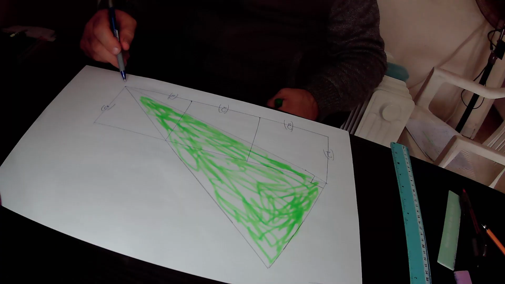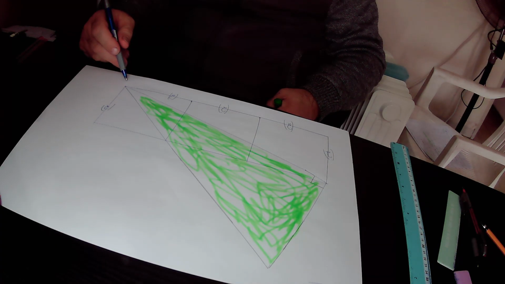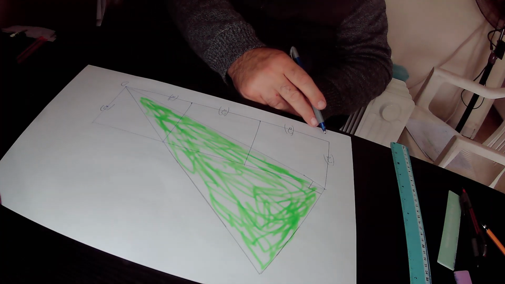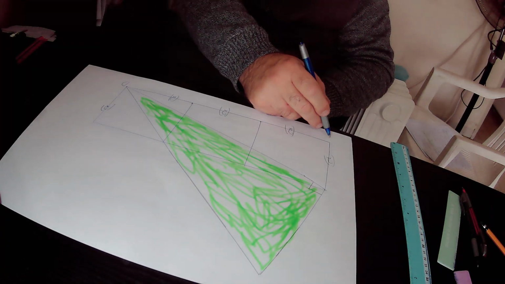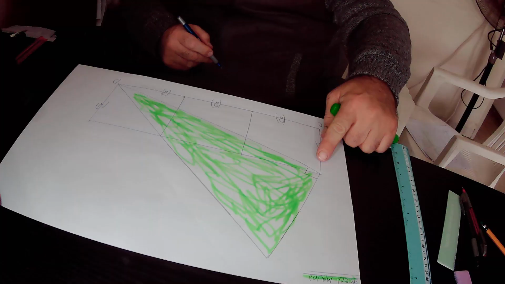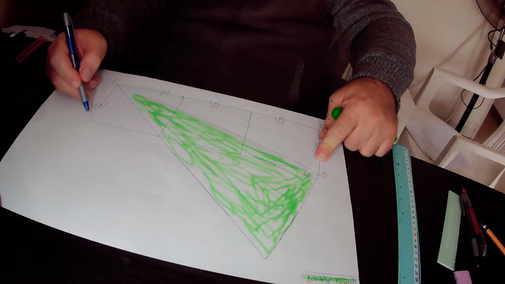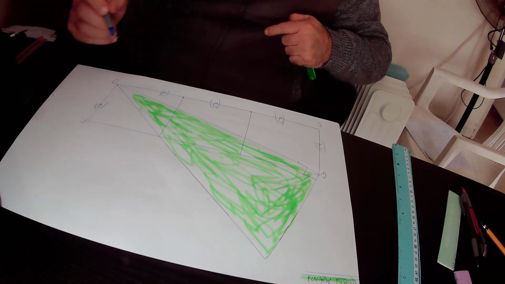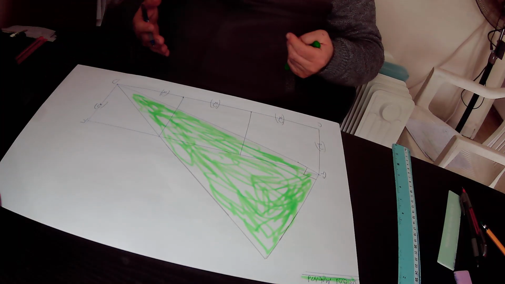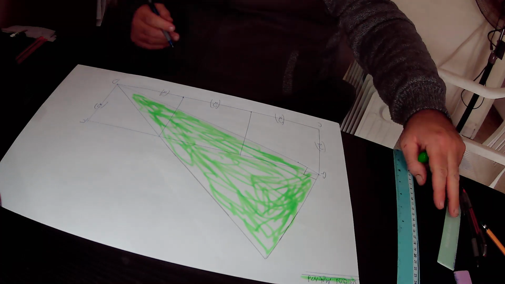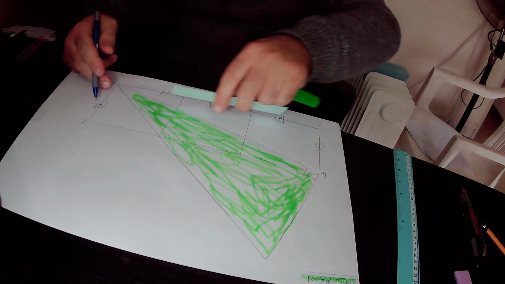We define the origin, this point, as point D. This vertex is point C, this point is point G, and this point is point F. Note that all the angles of any square are right angles. So in this square, this is a right angle.